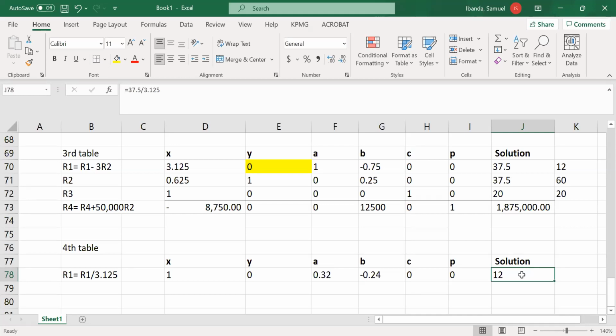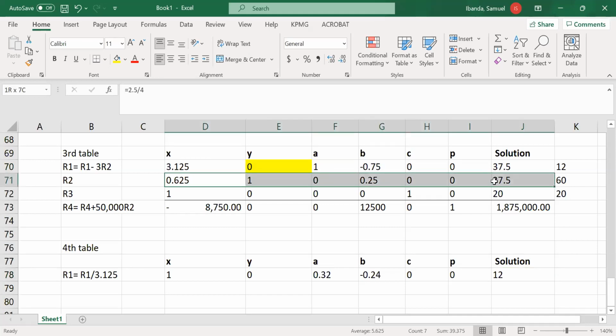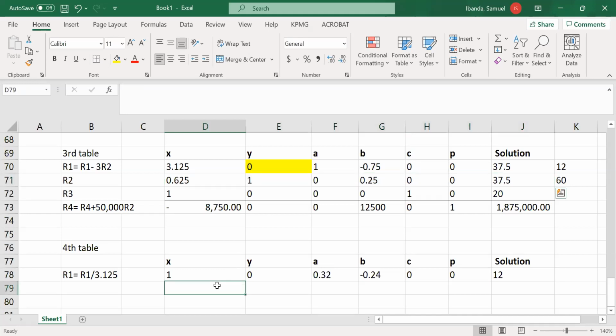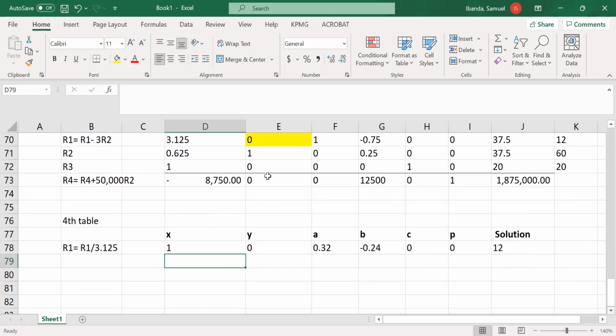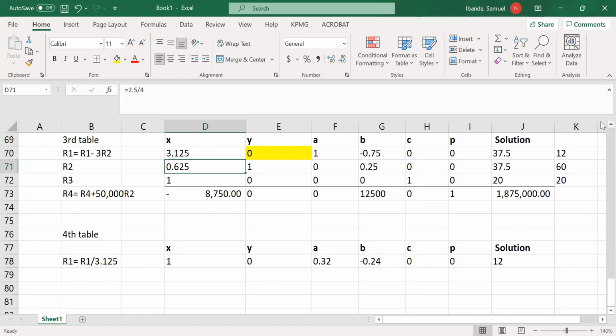Now, one of the things we need to do is you can pick this and put it the way it is and move to the next table. Or sometimes, to manage time since it's an examination, you can go ahead and make this one 0 in the same table so that you don't have to do another table again. You get it?